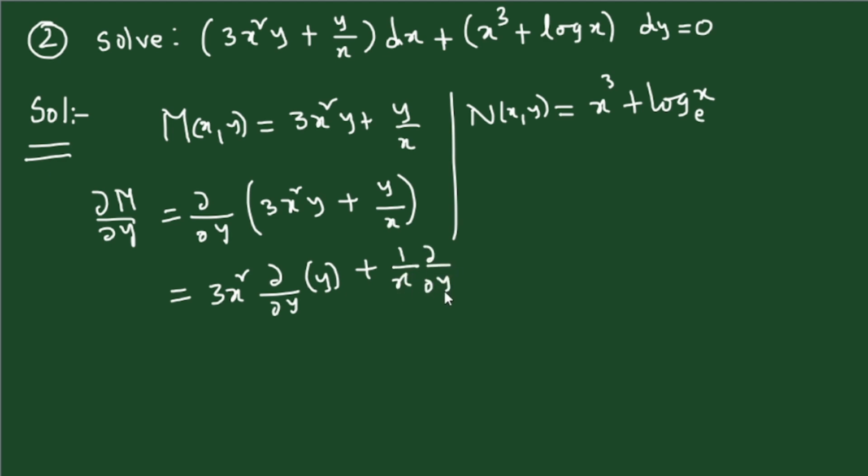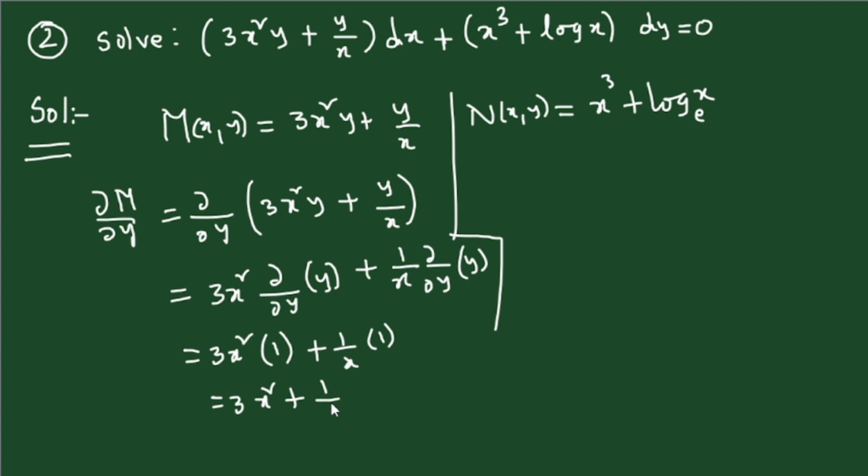Dou by dou y of y is 1. So this is 3x square into 1, and here also 1 by x into 1. Therefore 3x square plus 1 by x is dou M by dou y.